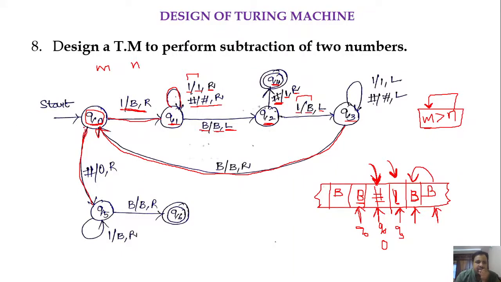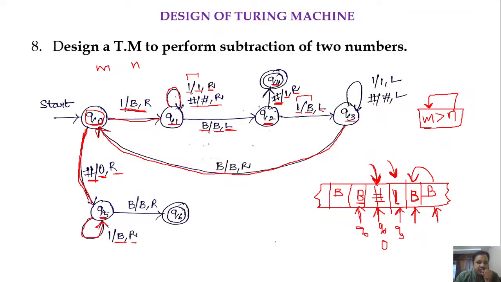See here, in this transition diagram in q naught, on getting hash, I am replacing that hash with 0, moving the header towards right and changing the state from q naught to q5. While moving towards right, if I get any ones, I am simply converting those ones into blanks and moving the header towards right.